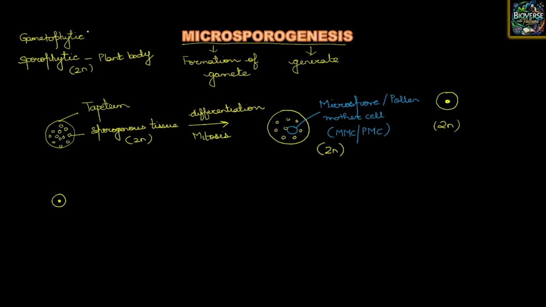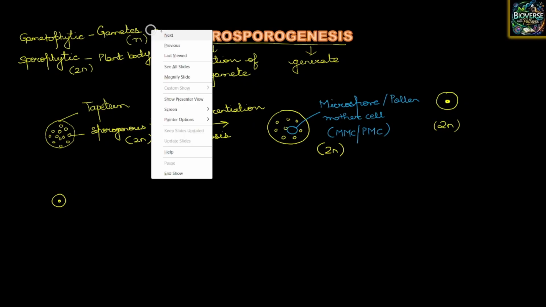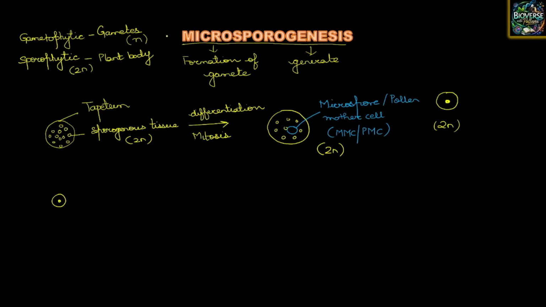So here we are going to see the formation of the gametes, and whenever we talk about sexual reproduction, we remember that meiosis division always happens, and as a result there is a reduction in the ploidy. That is why in angiosperms what you see is alternation of generation. The alternation of generation happens in such a way that these gametes fuse to form the zygote, which develops into the embryo, and finally you get the full plant body.